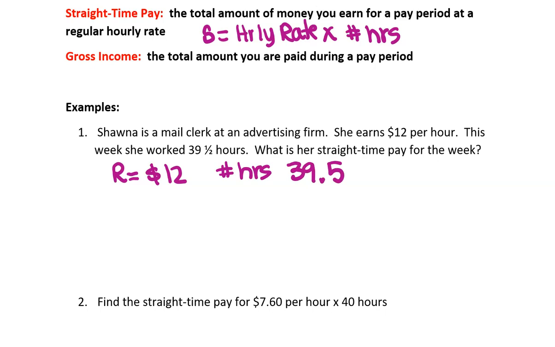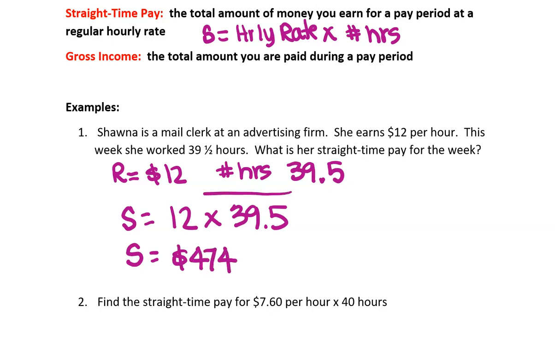What is her straight time pay for the week? So we look at the formula above. It is your hourly rate, or $12, times the number of hours worked, 39.5. So on your calculator, 12 times 39.5 is $474.